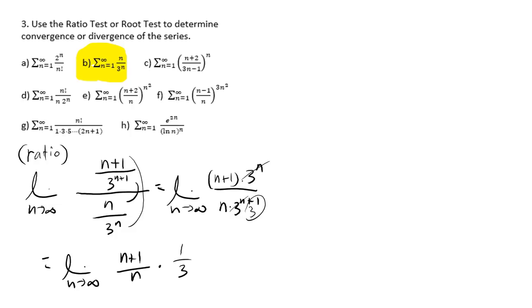That's why you have this. Now, what is the limit of n plus 1 over n? Well, the dominating terms are n and n, so that just gives you 1. So 1/3 is your r value, which actually gives you that 1/3 is between -1 and 1.